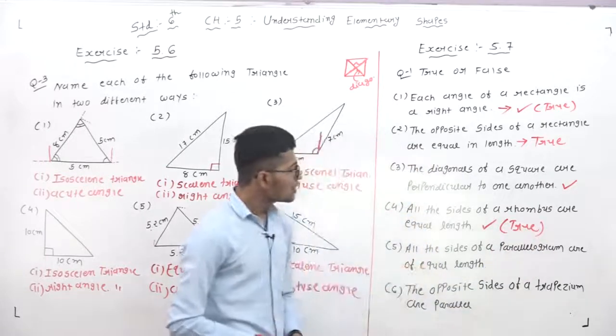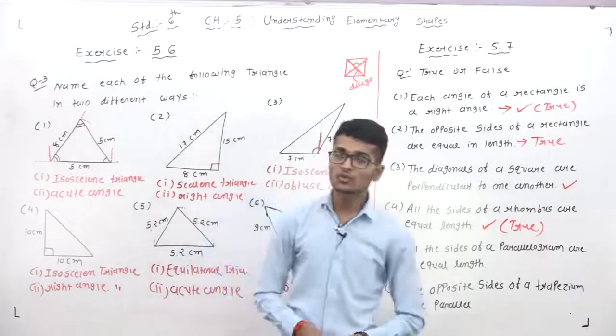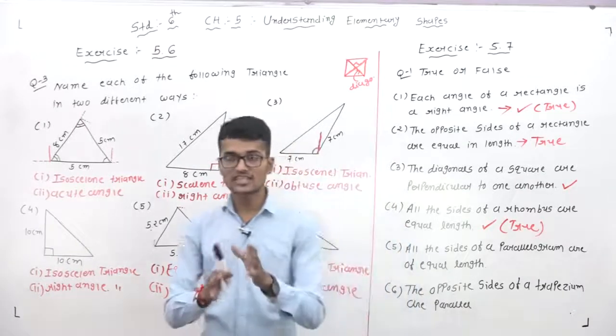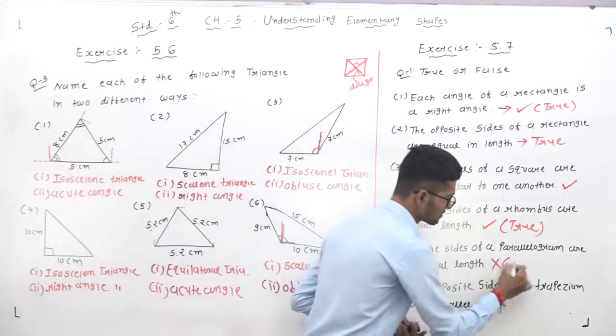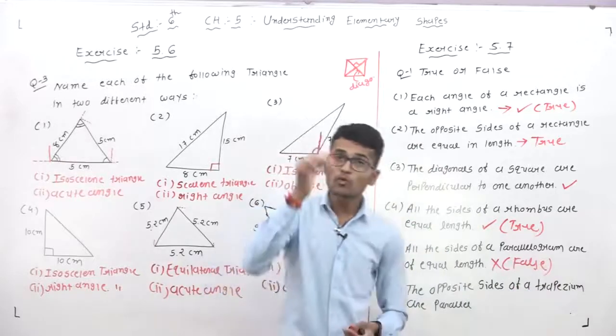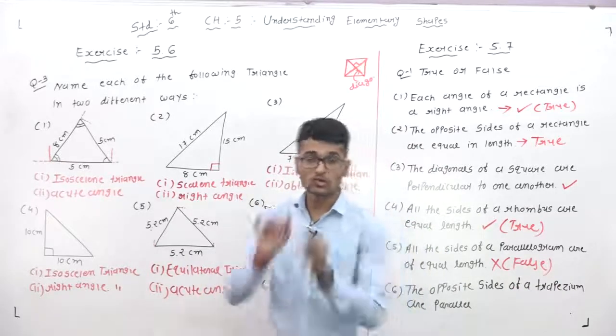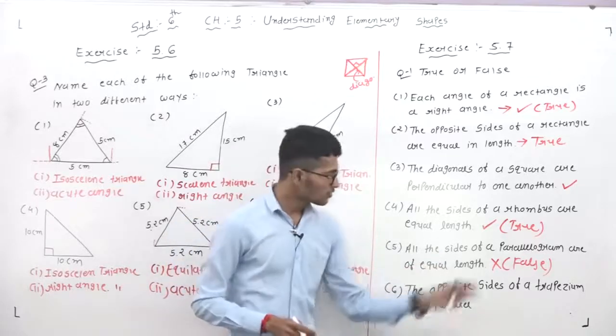Then after, all the sides of a parallelogram are equal in length. Dear students, are all the sides of a parallelogram equal in length? No, this is the wrong answer, so false. Why? Because in a parallelogram opposite sides are equal in length, not all the sides are equal.